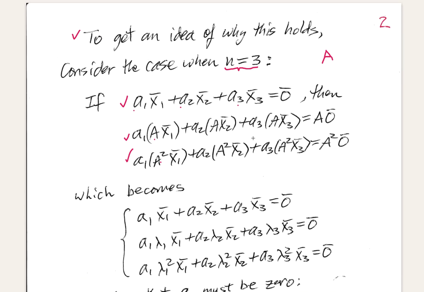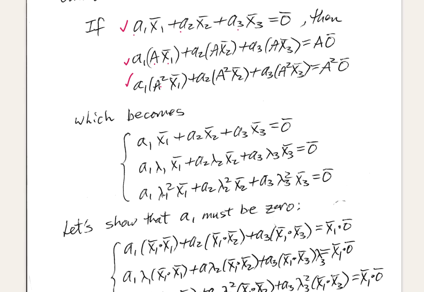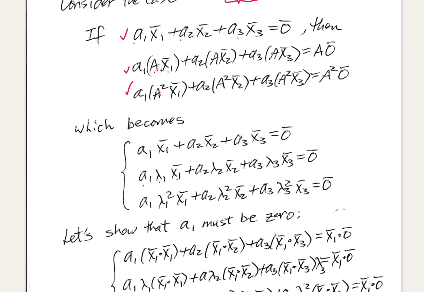Now, the reason I'm doing this is because remember that these are eigenvectors, so A times x sub 1 bar should actually be lambda 1 times x sub 1 bar, because lambda 1 is supposedly the eigenvalue corresponding to that eigenvector.